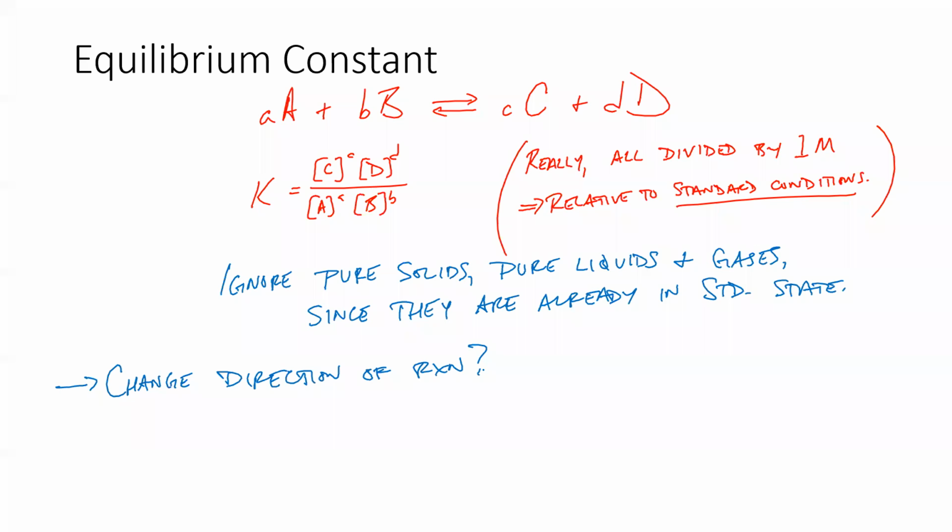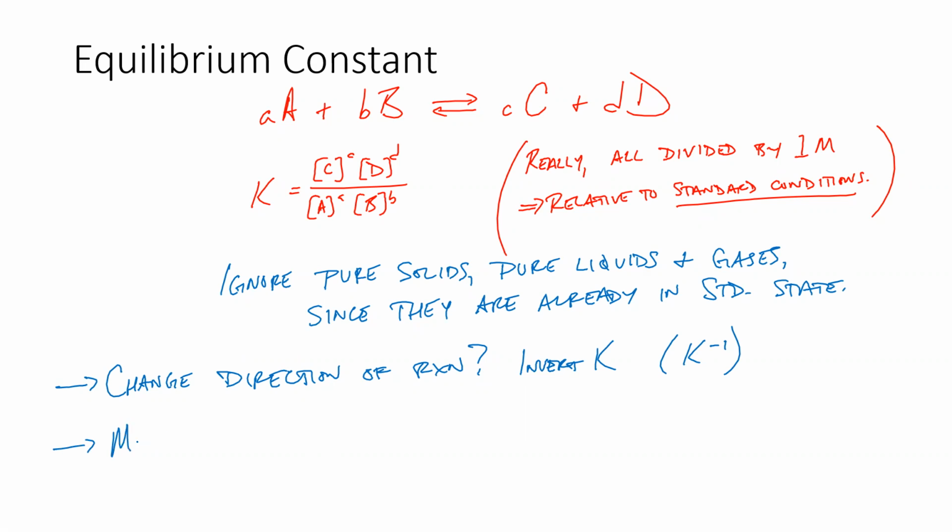A and B would be on top instead. Yeah, so the top and bottom flip, we call that inversion. And so we would just invert K, raise that to the negative first power.